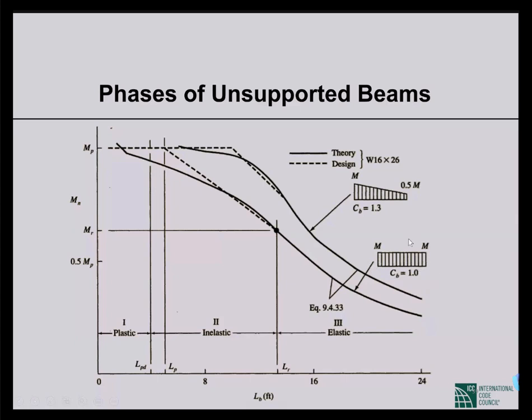But when the maximum moment is M, and we are calculating everything for M, and on the other side we have less moment, then we can increase the capacity a little bit. This factor is called Cb, due to uneven moment on both sides. So if the moment is uniform on both sides, then Cb is 1. But if it is not uniform, then we can increase the capacity a little bit.